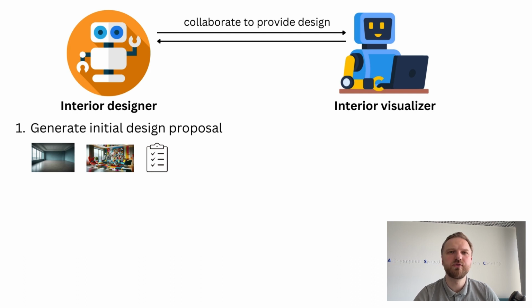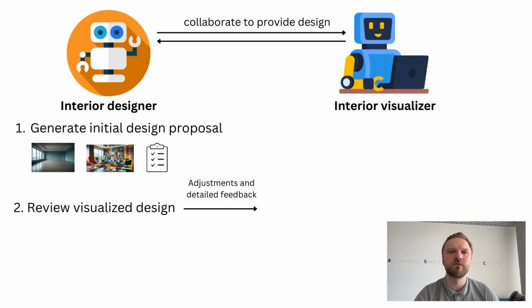It will also be responsible for reviewing the visualized design, which was generated by the interior visualizer agent, and providing detailed feedback focusing on how closely the visualization matches the initial design proposal, and then suggesting specific adjustments to better align the visualization with the original design concept.